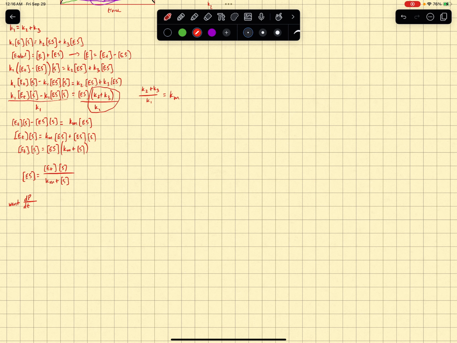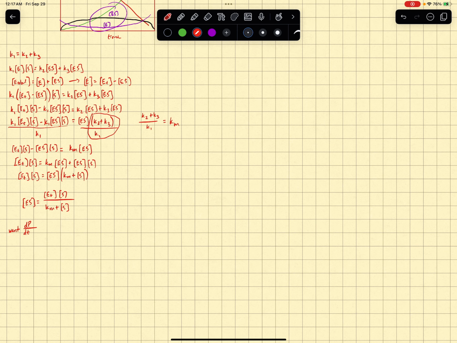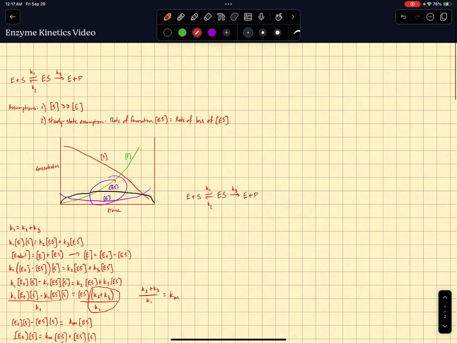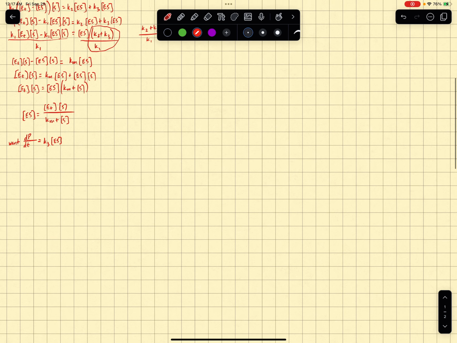That is k3 times the enzyme substrate concentration, because if we go back to our initial equation, the rate that the product is being formed is this rate k3. So if we were to write that as an equation, it'd be k3 times the enzyme substrate complex. That's where that comes from.